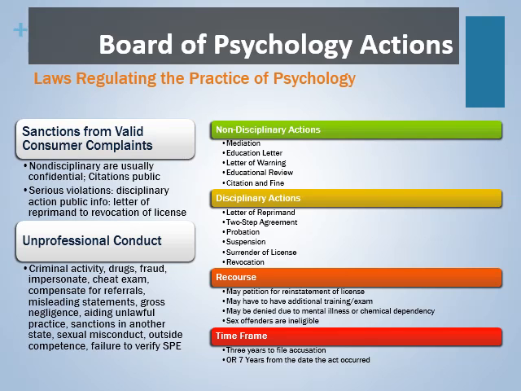So what are examples of non-disciplinary and disciplinary actions? Non-disciplinary: mediation. If there's no clear violation of law, but it's more a misunderstanding, like billing or something. Education letter. Okay, there's no harm here, but there is a departure in the standard of care, so the board will say, okay, here's what the complaint is, and here's what the behavior change you need to make is.